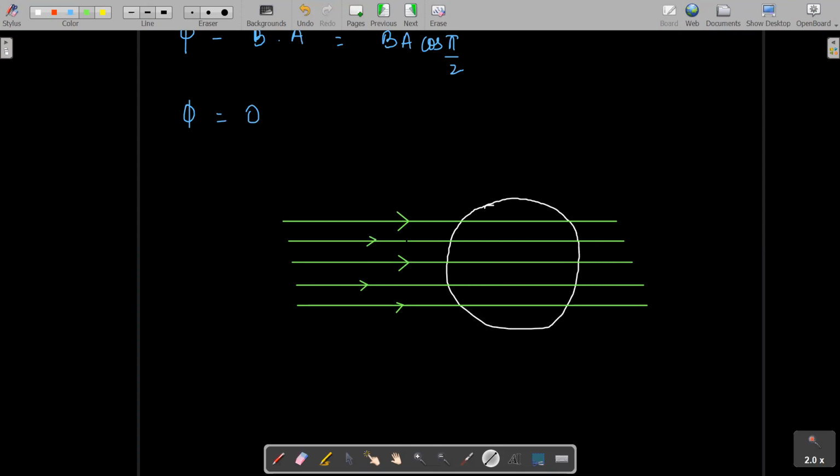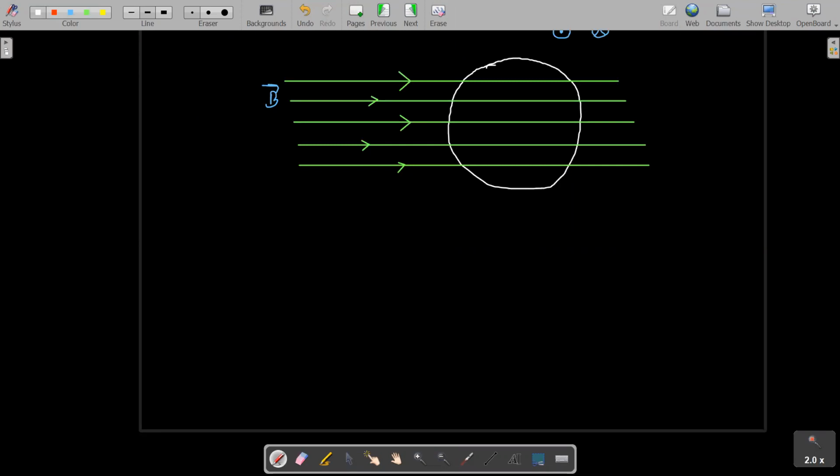What will be the direction of area vector for this circle? It could be either this or this. In both cases, the angle between magnetic field and area vector is 90 degrees. So the magnetic flux through this area is 0, which means there is no field crossing this area. Flux is equal to 0. Are you all getting my point, students?